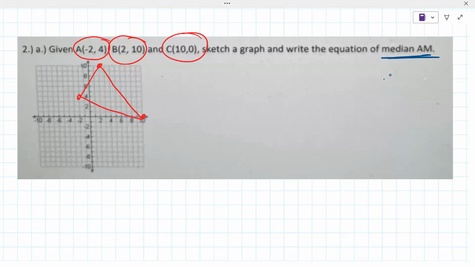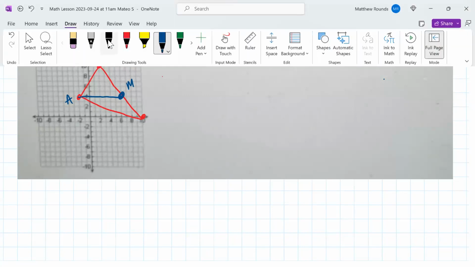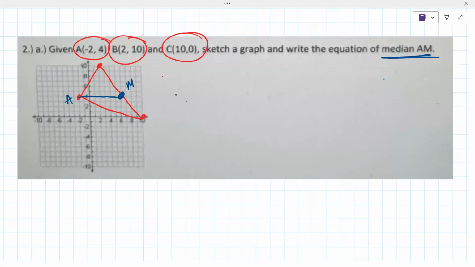All right. Okay. So your median AM, there's A, M is over here somewhere, so it's some sort of a line like that. You have something drawn like that? Yeah. To find the median, the first thing is to find the midpoint between B and C. Do you remember the formula?